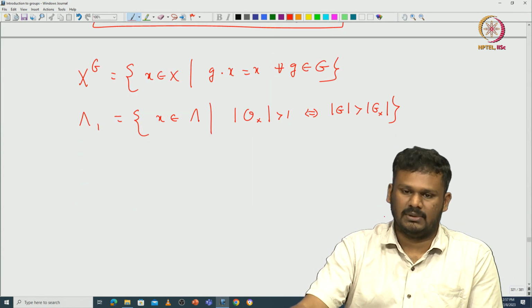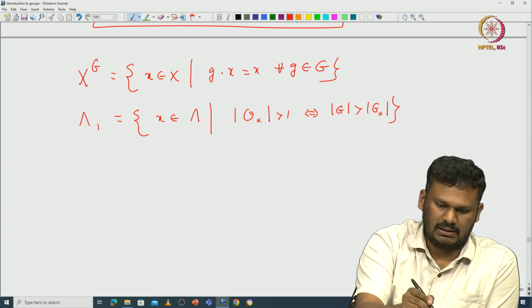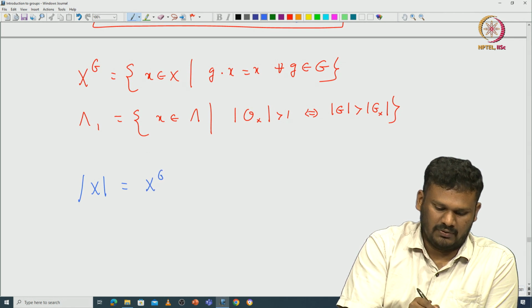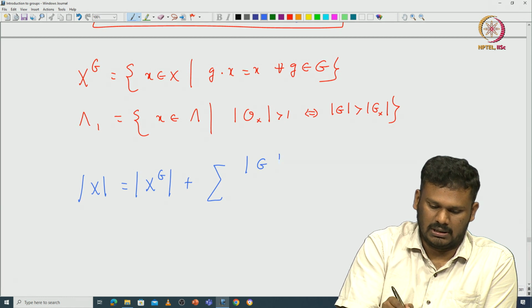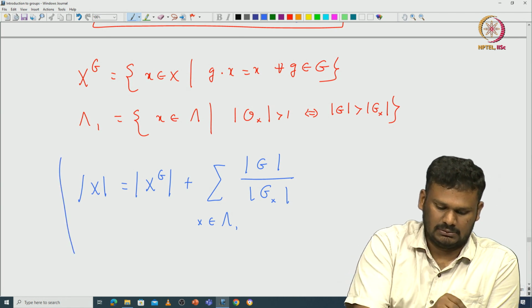So, only such elements we are taking, and using this we are saying that the cardinality of X is exactly the cardinality of X power G plus the summation of cardinality of G divided by cardinality of Gx, where x comes from the special set lambda 1.